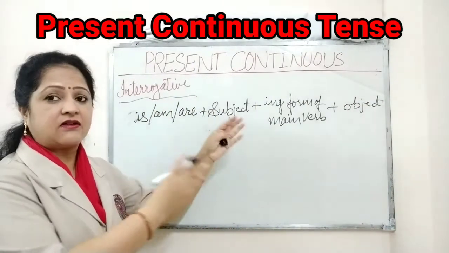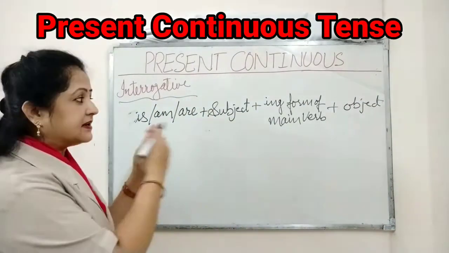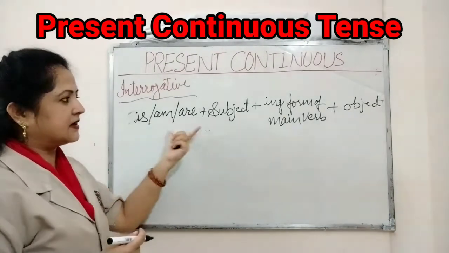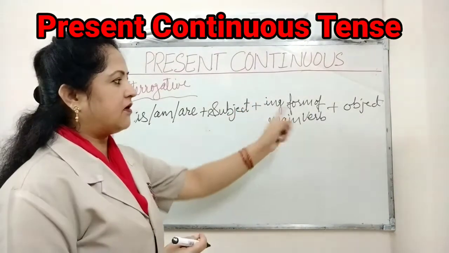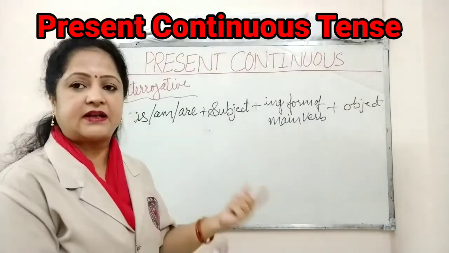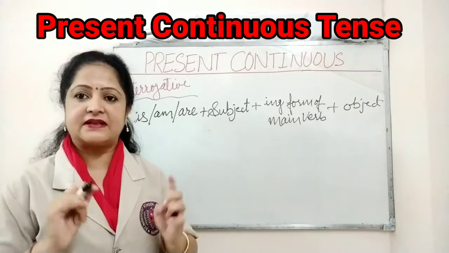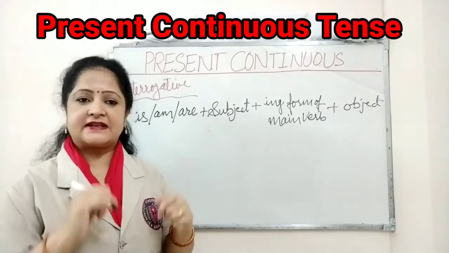So first we write the auxiliary verb, after that the subject, then the ing form of main verb, and then the object of the sentence. Let's take one example here.